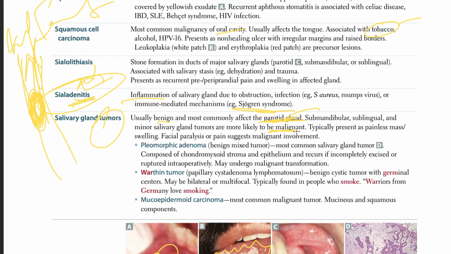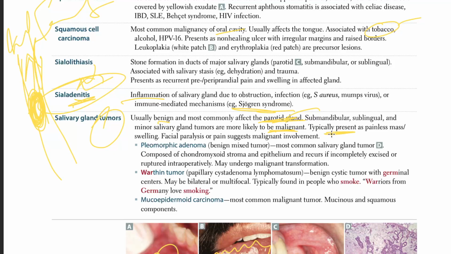Again, if you're hitting the parotid, which is a big gland, the major gland, that gland is already big, so it's most commonly only a benign tumor. But if you're hitting the small glands, a malignant thing hitting a small gland, that's got to be malignancy or a malignant tumor, right?